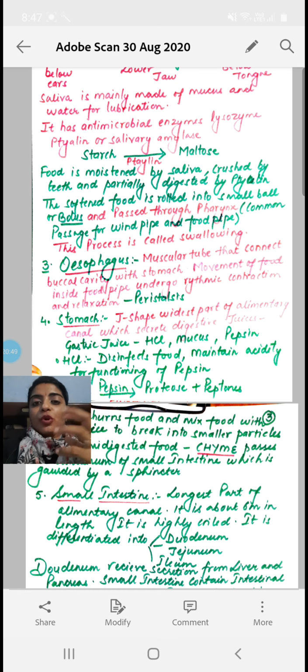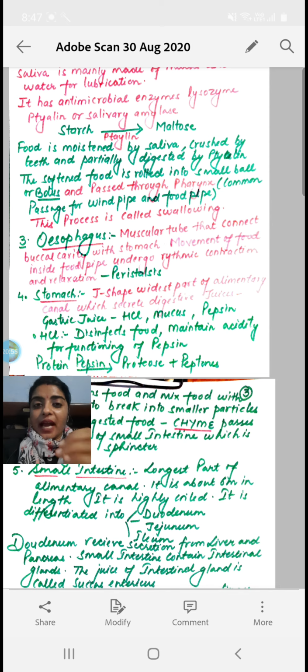Okay, so this saliva, as I have discussed with you, it moistens the food that was crushed by the teeth, and that crushed food, when it is softened with the saliva, is converted into a small ball like structure which is swallowed easily.